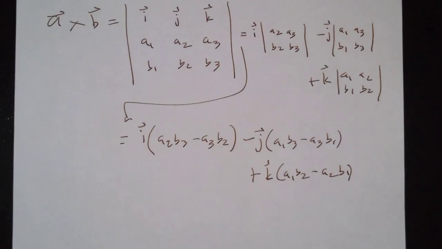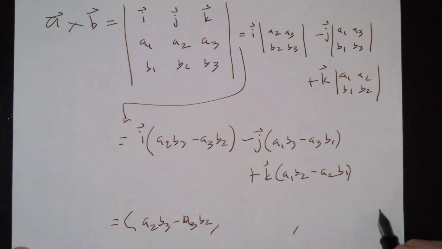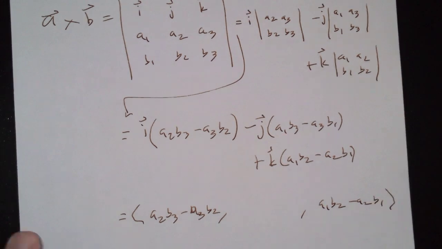This is written in ijk form. What happens if I put it into components? I did skip the middle one on purpose because there's a minus sign outside that j, right?